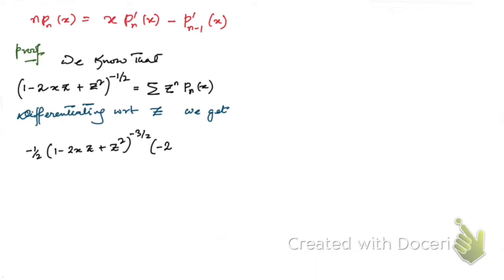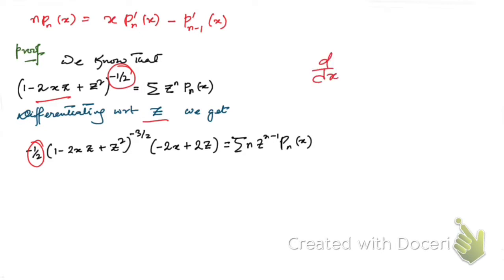The minus half comes out here, and we have applied the formula d/dx of x to the power n is equal to n times x to the power n minus 1, but here instead of x we have z. That's the only difference. I hope you know these things.